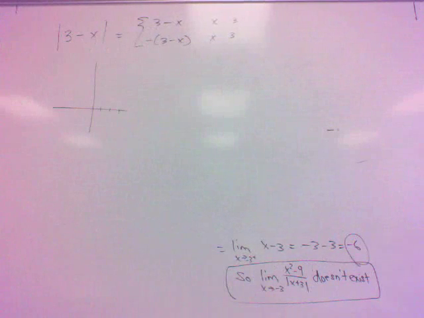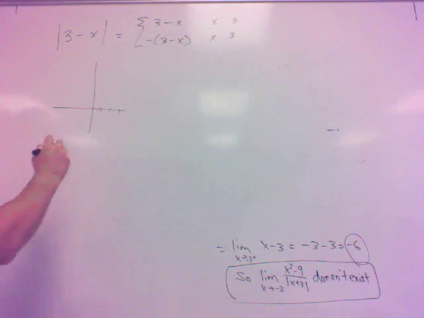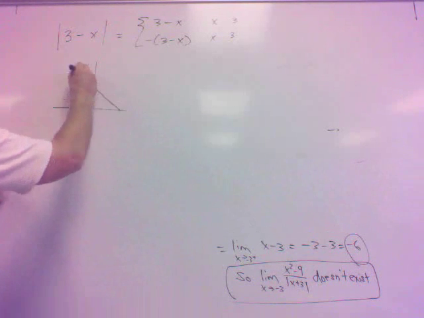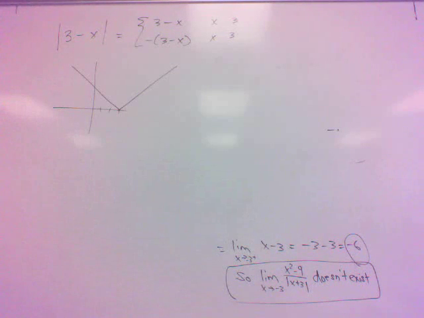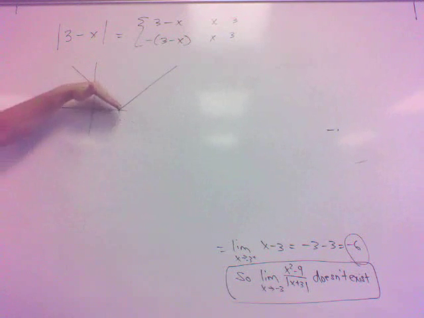The absolute value of 3 minus x does come in looking like this. This was a little tricky because notice this one has the negative slope, doesn't it?